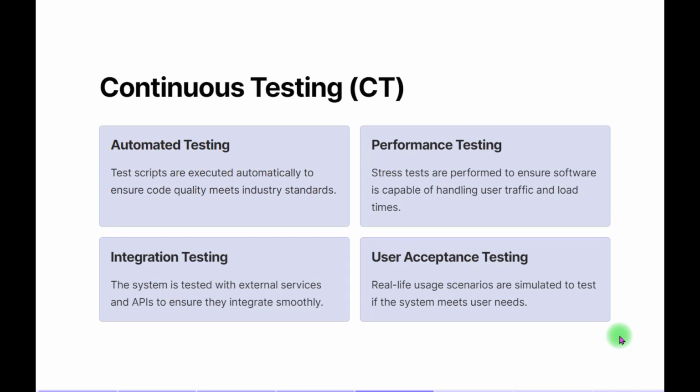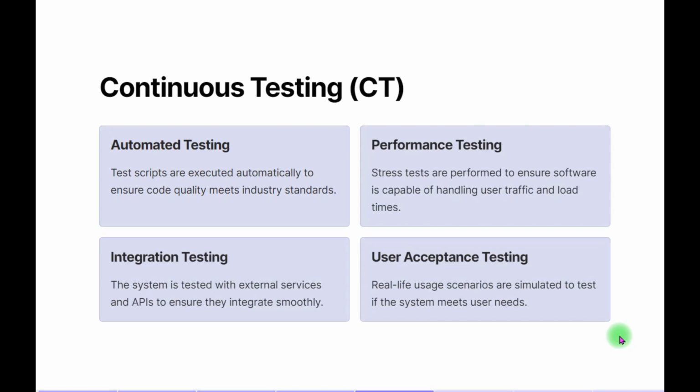Multiple types of testing exist, and which we perform is based on the situation. Continuous testing helps us identify issues early in the development cycle, which reduces the time when we go for the release.